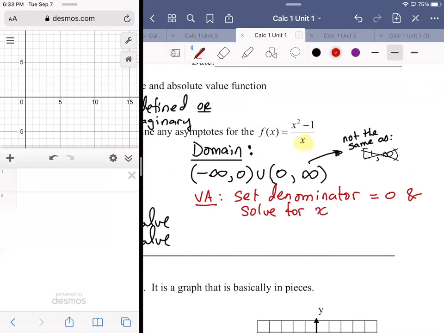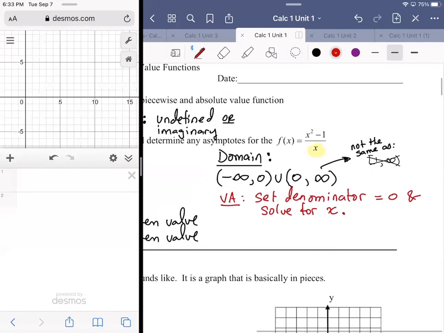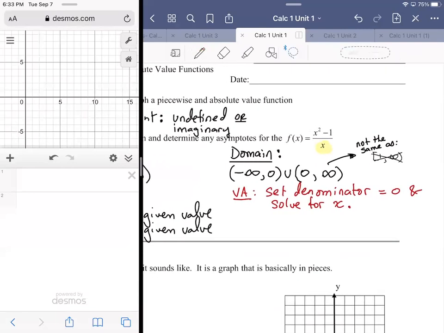All right. There is a little condition to this though, and this is where people kind of fall by the wayside, and that's not a good thing, obviously. If you can factor and simplify your function, you would need to do that before you set your denominator equal to 0 and solve. All right, so all of this is assuming that the function is already in simplest form. All right, so I can make a little note of that.